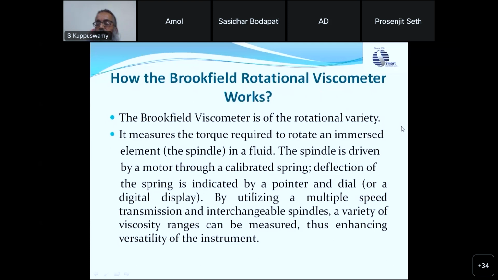The spindle is driven by a motor through a calibrated spring. Deflection of the spring is indicated by a pointer or dial or a digital display. By utilizing a multiple speed transmission and interchangeable spindles, a variety of viscosity ranges can be measured. So, by way of this, the versatility of the instrument is enhanced.